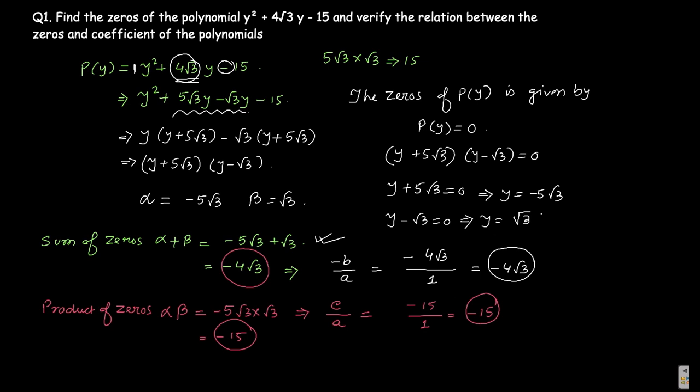Now go to the second numerical. Find out the zeros of the polynomial 2x² + (7/2)x + 3/4. Again I am taking this example because these are quite different, because you are not going to get a simple middle term factor.